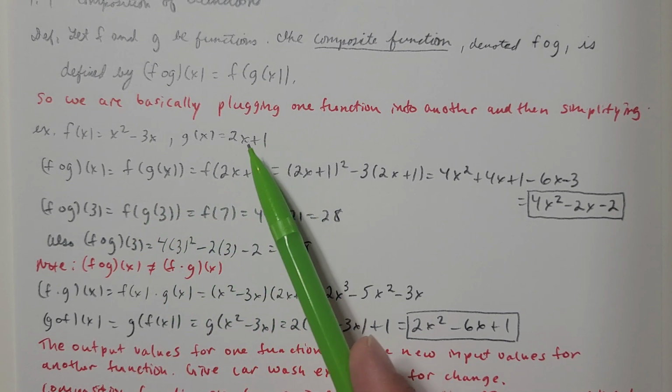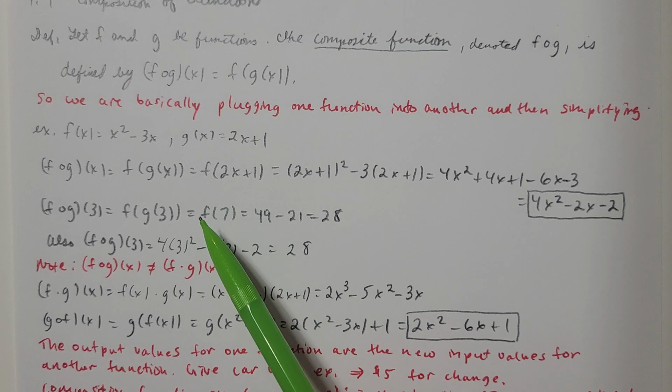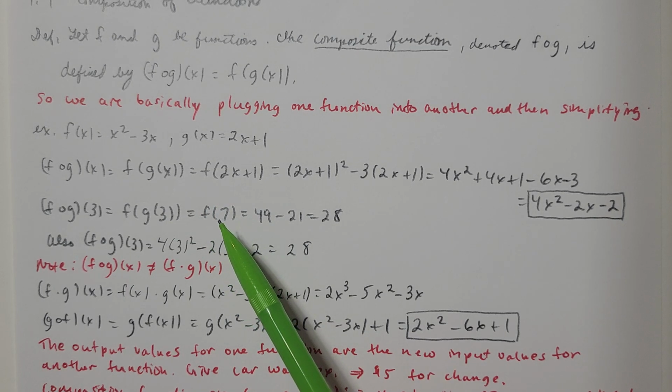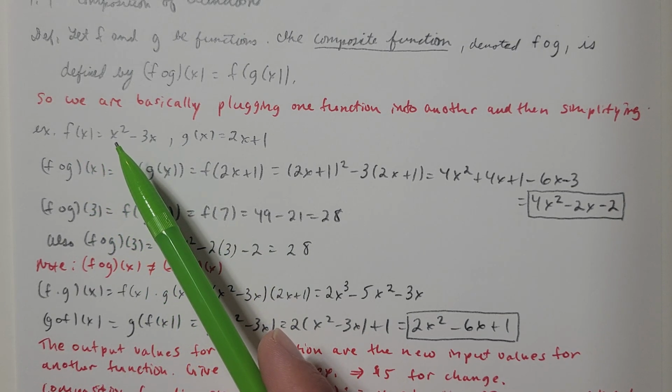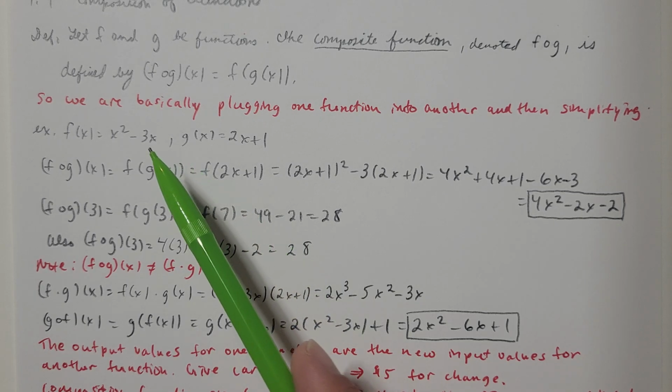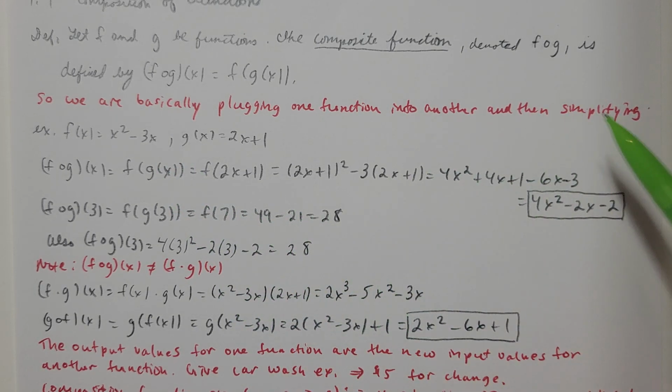Okay, g of 3 is 7. So 6 plus 1 is 7, right? So in other words, I'm asked to find f of 7. Okay, if I plug 7 into f, 7 squared is 49 minus 21, that gives me 28. So 28 would be the answer.